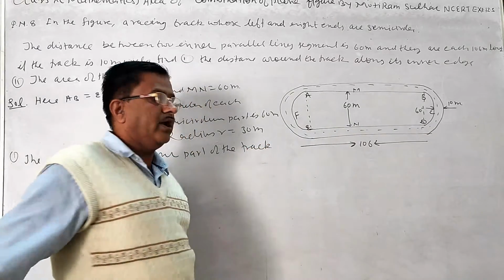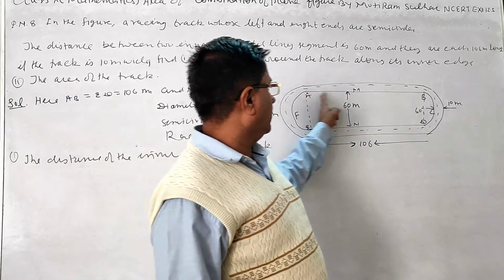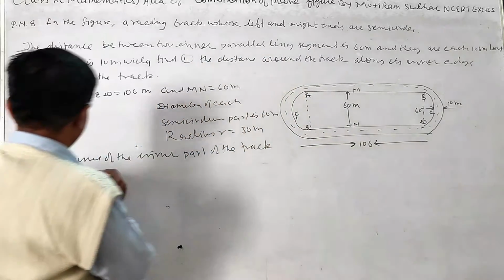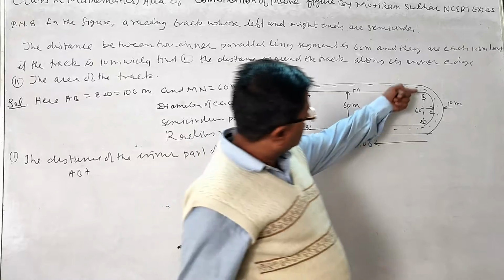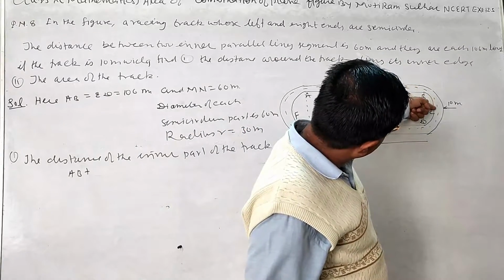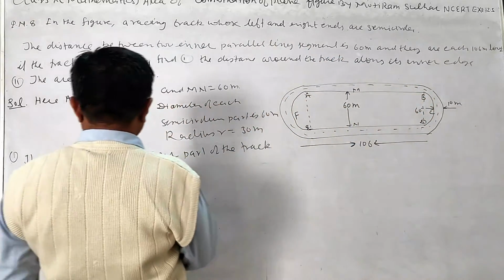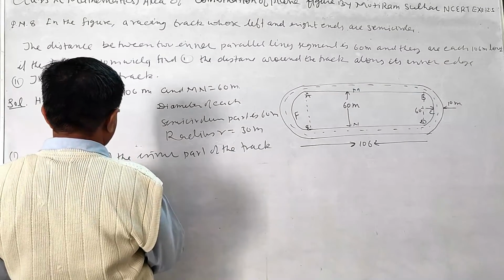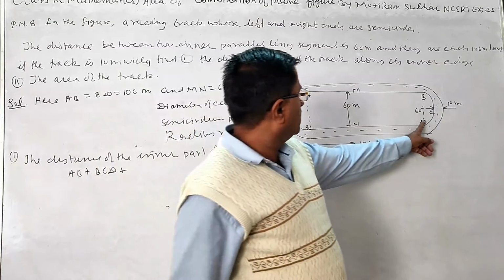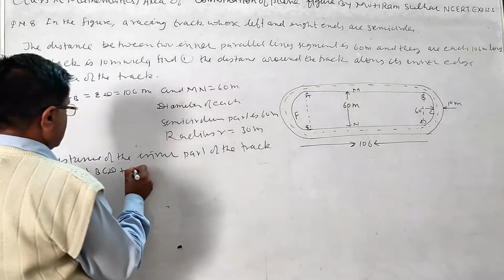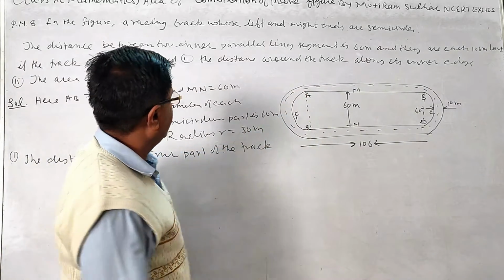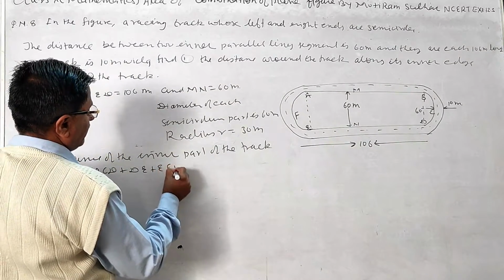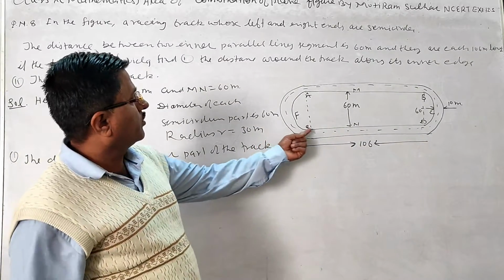So we want to find how much it is, that is AB plus BCD plus DE plus EFA. So this is the total distance.